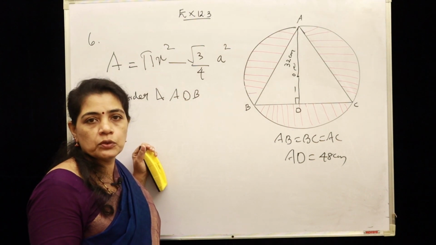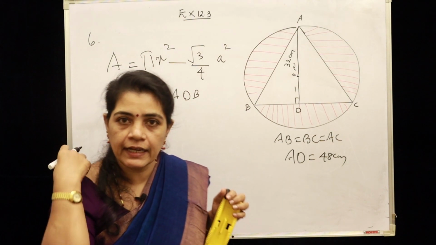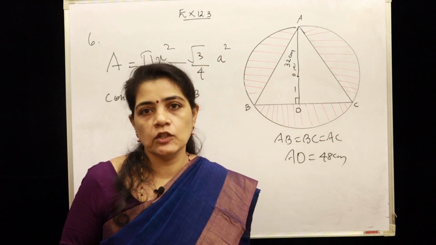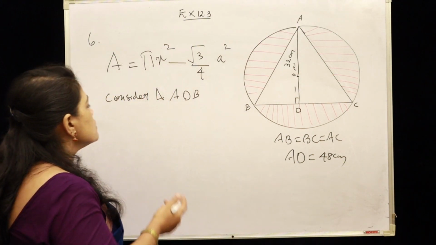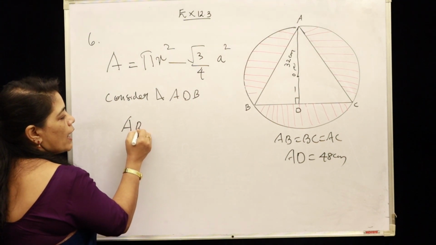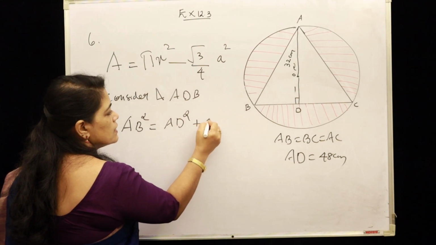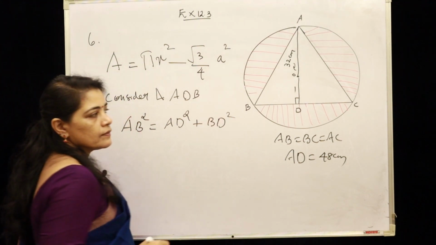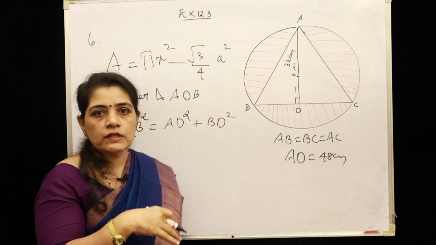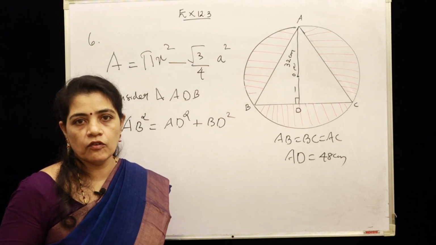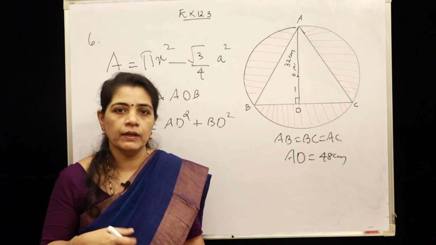AD is the altitude, so it is 90 degrees, and if one of the angles is 90 degrees, that means it is a right-angled triangle, so you can easily apply the Pythagoras theorem, right? So AB is the hypotenuse. Square of the hypotenuse is equal to the sum of the squares of the other two sides. The other two sides are AD and BD of right triangle ADB.